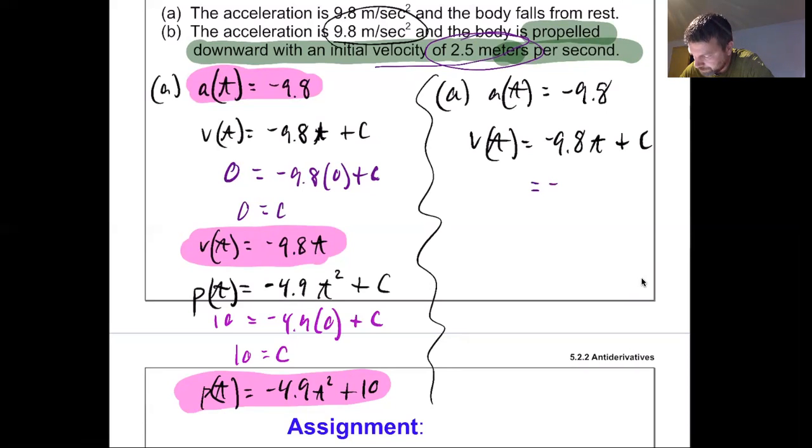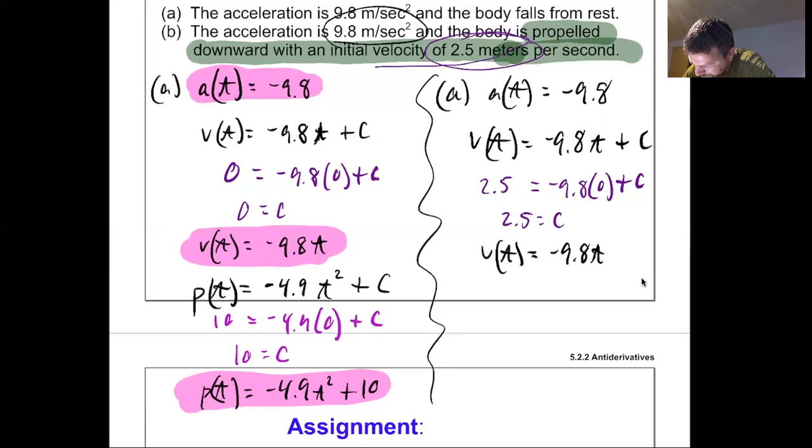So I know when I plug in a 0 for my t, I should get out a 2.5 for my velocity. In that case, 2.5 is equal to c, right? Because 9.8 times 0 is 0. And I've got my velocity function. It's not just negative 9.8 t plus some random c. The c in this case is 2.5.